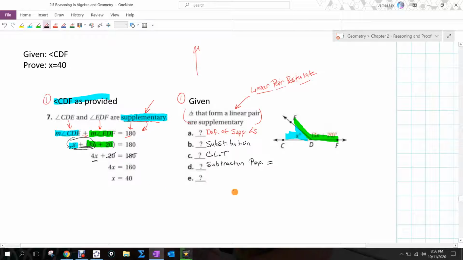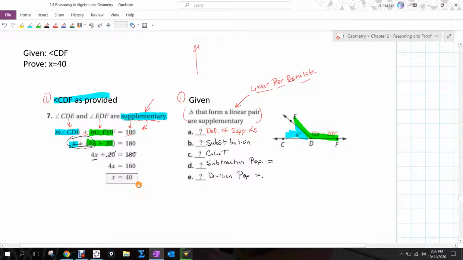Divide both sides by 4. We get x equals 40. So that is the division property of equality. And once we get a line down here in our statements that matches up to what we wanted to prove, we know we're done.